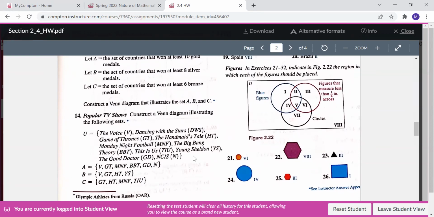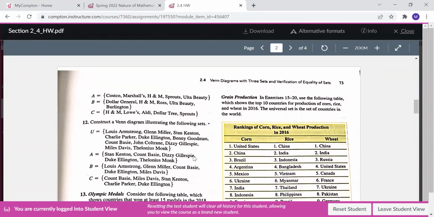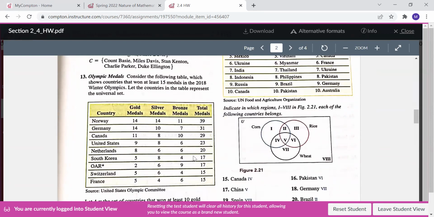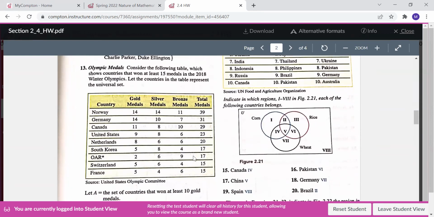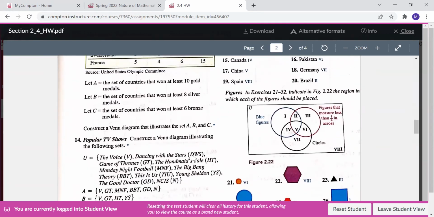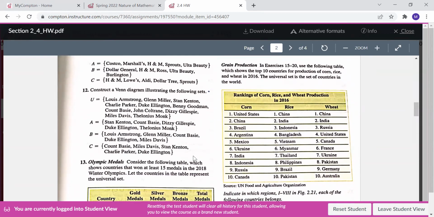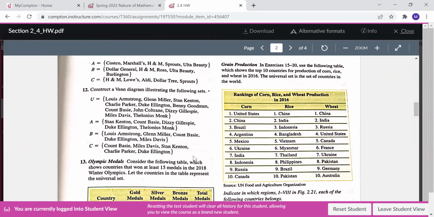Which one would be a good one to do? How about 12? Construct a Venn diagram illustrating the following sets. It's just a bunch of writing, right?